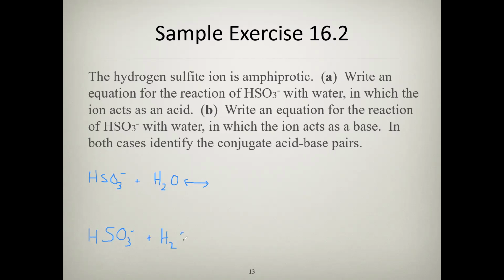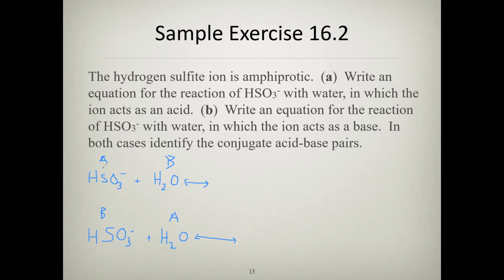But like I said, in one case, we're going to have the acid for that hydrogen sulfide. And the other will have a base. So A on the top, that'll be our acid, which means the water is going to be a base in that top one, and an acid in the second one.